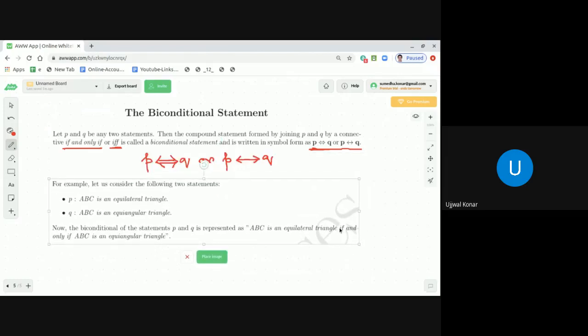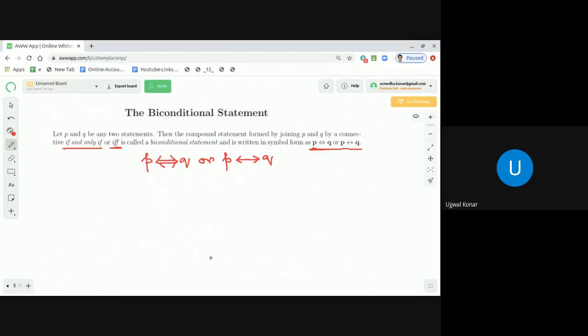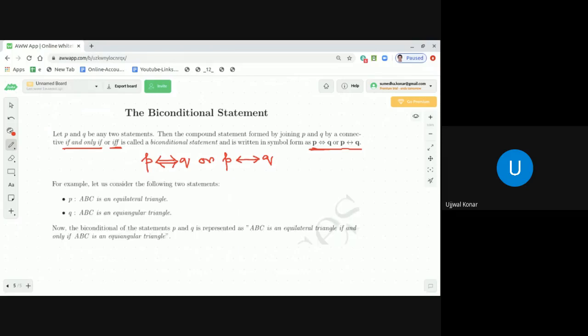So we are taking two statements; the first one is P, which represents that ABC is an equilateral triangle, and Q represents that ABC is an equiangular triangle.